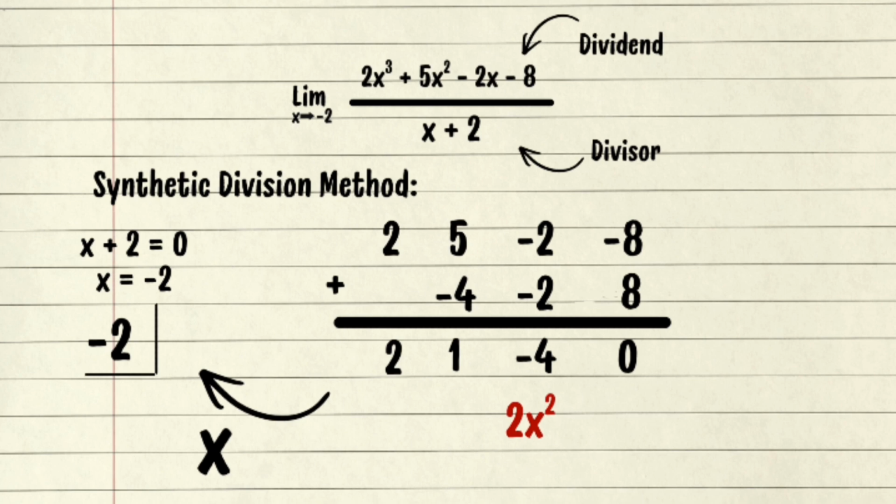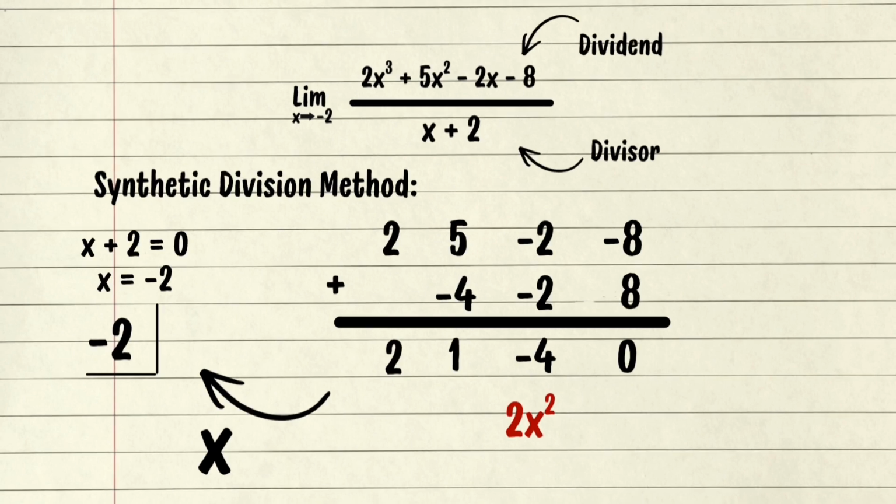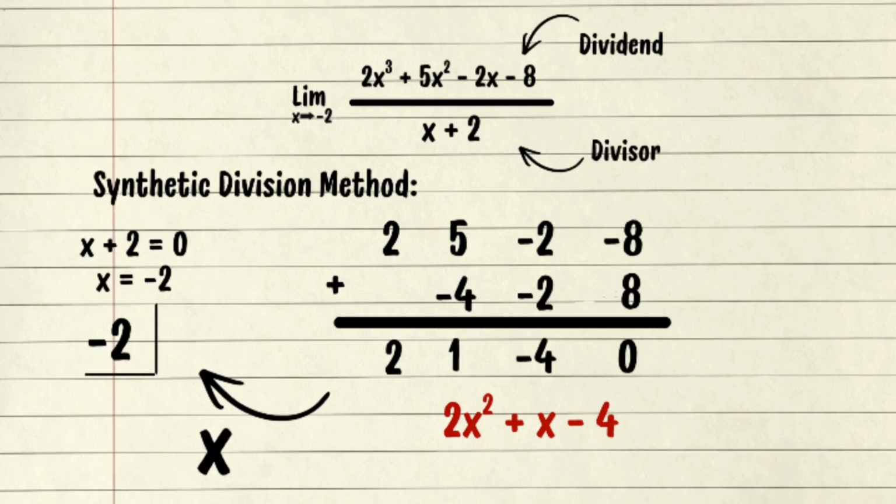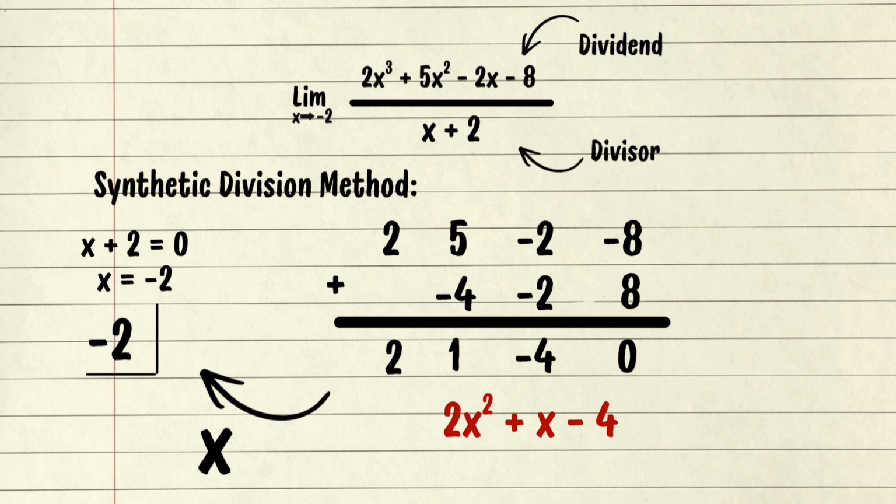And then, since the next one is 1, and 5x squared, it will be x. And lastly, negative 4. If you'll notice, we are not dividing anything. We are just decreasing the degree of the first polynomial by 1. X cubed became x squared, became x, and x became 0 or an invisible 1. So our final answer will be 2x squared plus x minus 4.